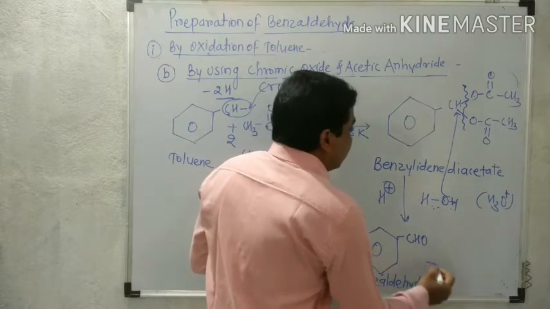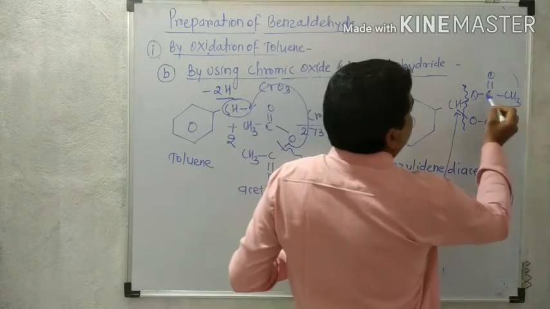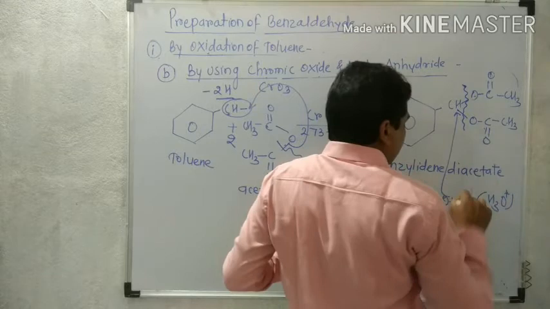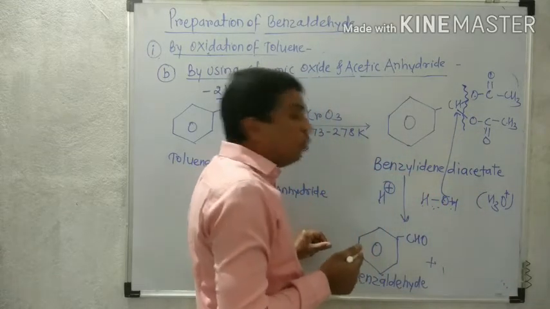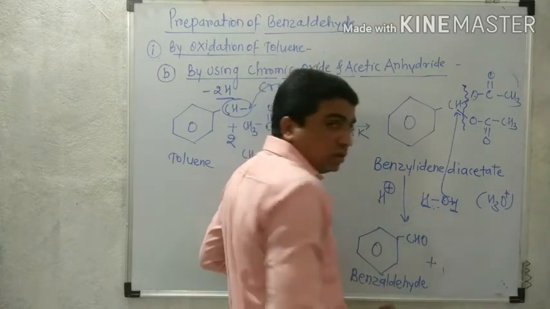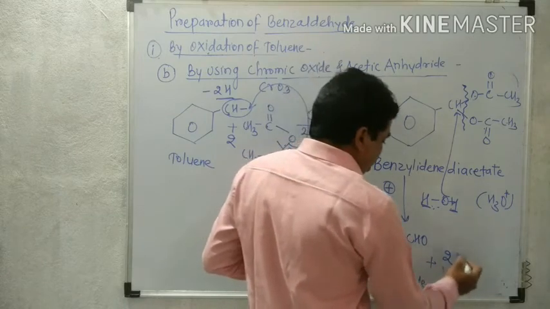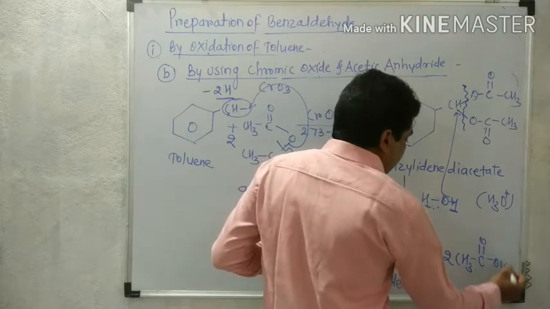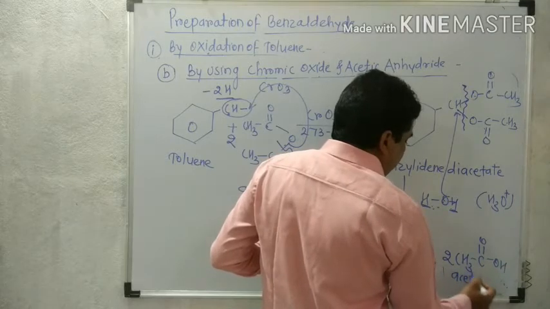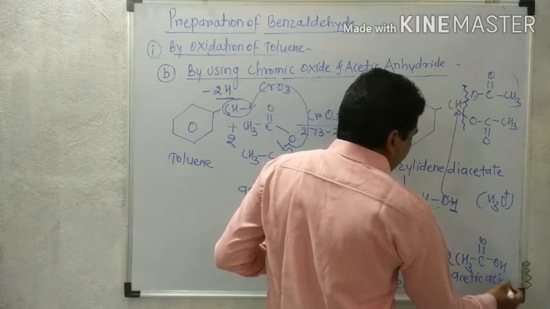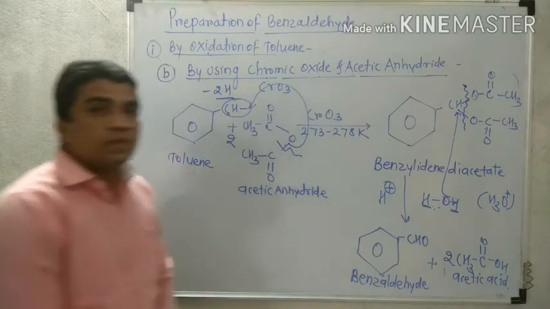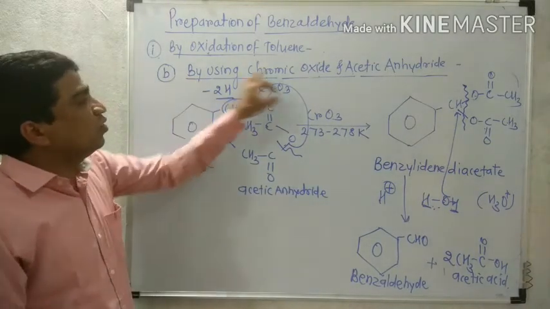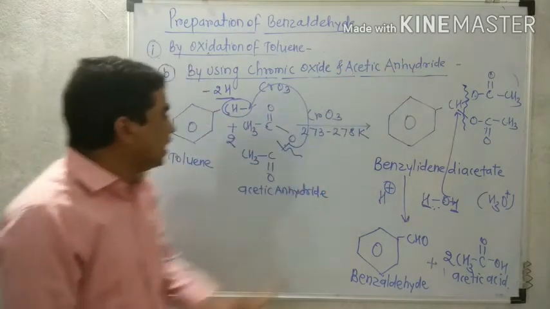And what is the remaining part? Twice CH3COO, and here the two hydrogens remain. It means twice CH3COOH, so two molecules of acetic acid are obtained as a byproduct. So what about the reaction? The second method uses chromic oxide and acetic anhydride.